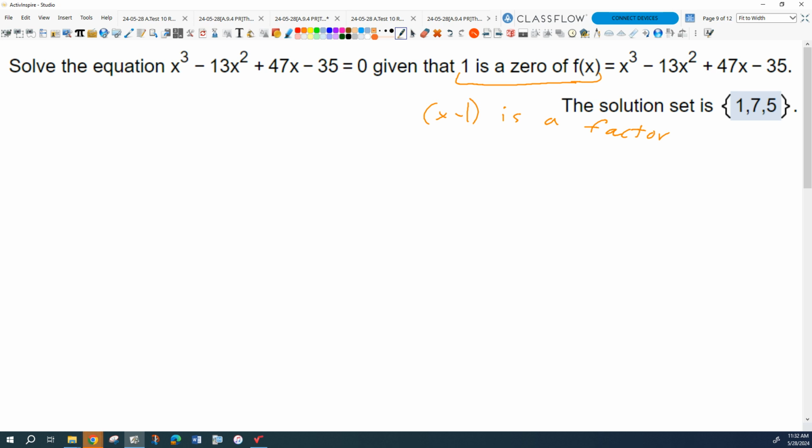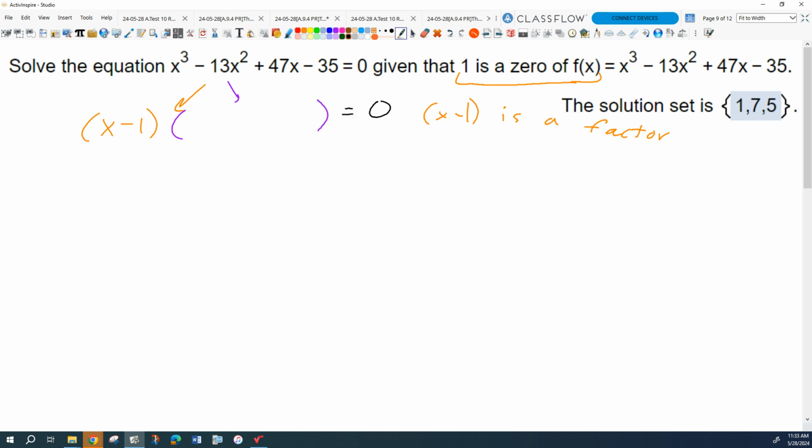And we also know that because if 1 is a 0, if I plug it in synthetically, I should get 0 in the remainder box also, right? So this allows me to do synthetic division. What it allows me to do is split this thing up. My original polynomial, I can split it up into the factor x minus 1 and some other factor that I don't know yet, but I'll find out by dividing.